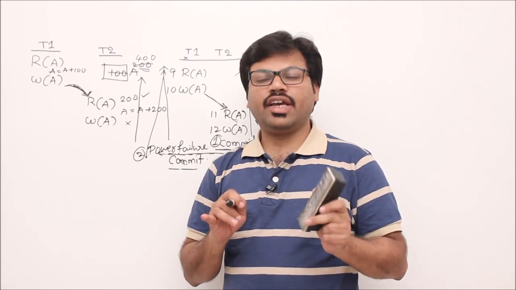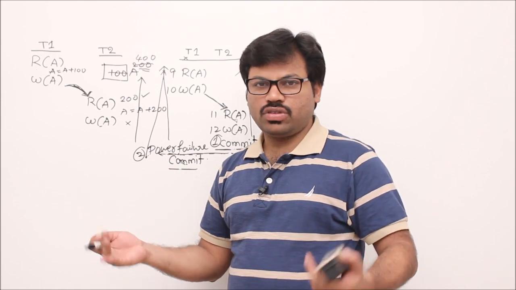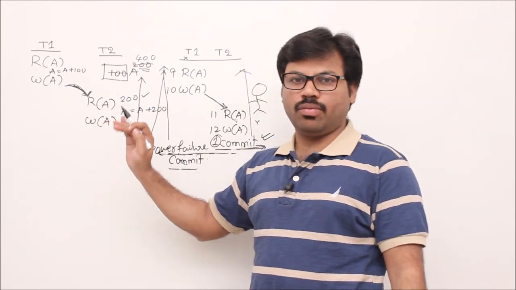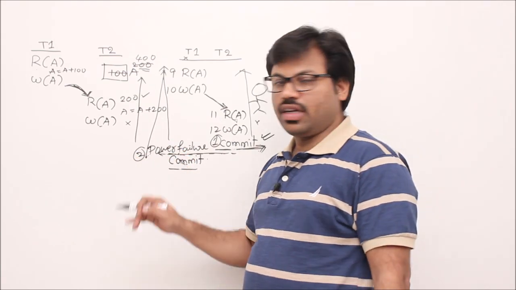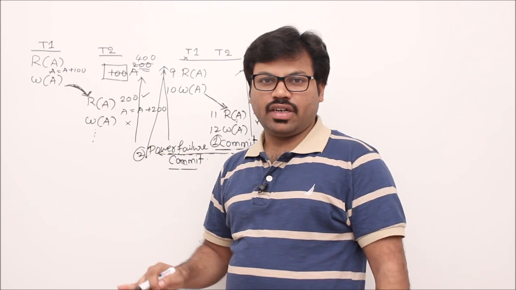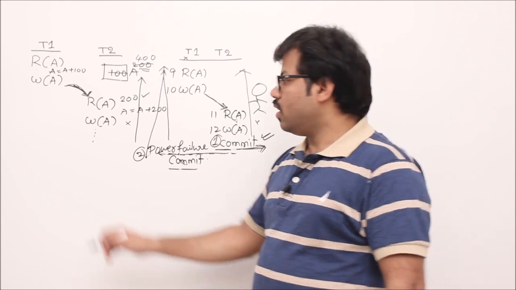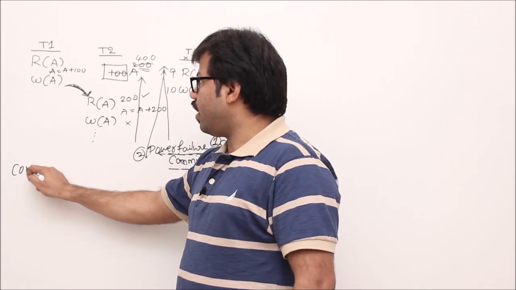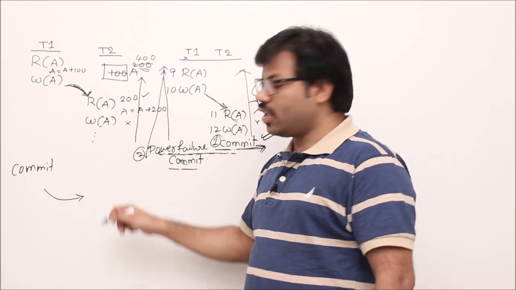And if you want to be safest, don't read dirty data. Let's suppose you have read, still no problem. Your schedule can be recoverable according to theory, but for that, never commit until T1 is committed. If T1 is committed, then only T2 should be committed. Example, this is the point where T1 gets committed. Then after that only this T2 has to be committed.